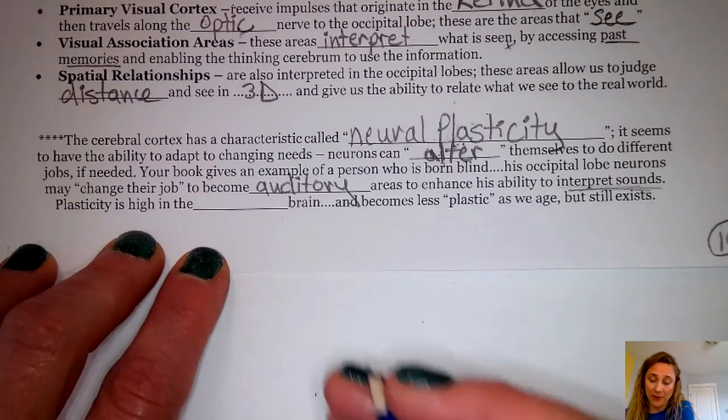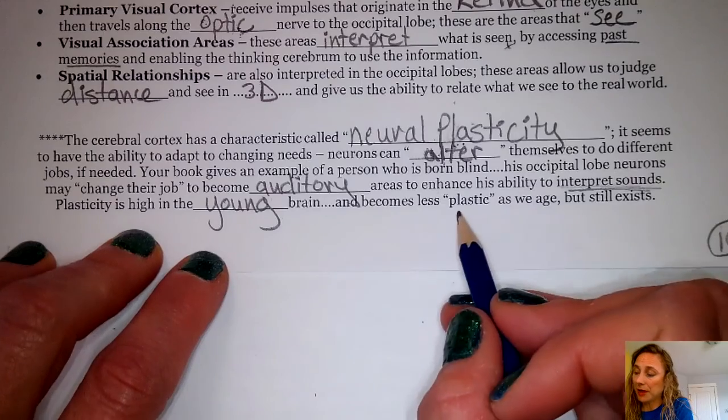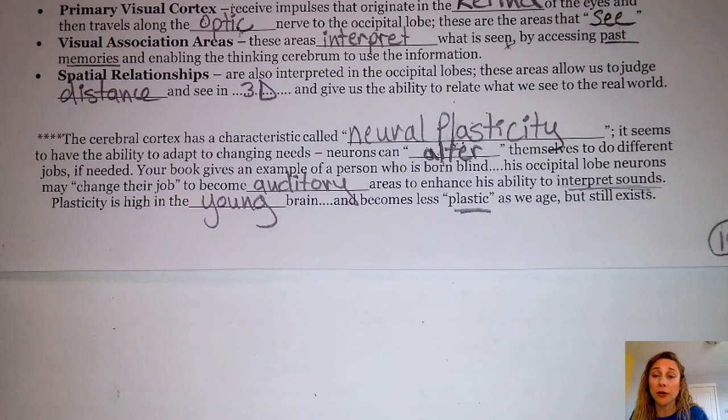Plasticity is high in the younger brain, of course, and becomes a little less plastic as you age, but it still exists. So you can keep learning and you can keep growing.